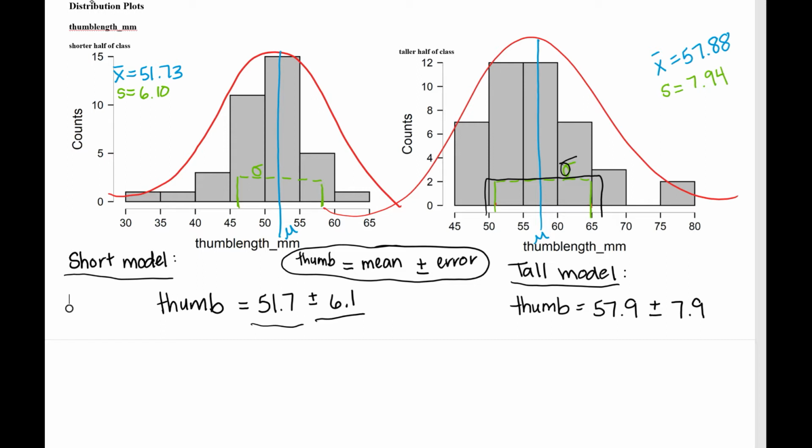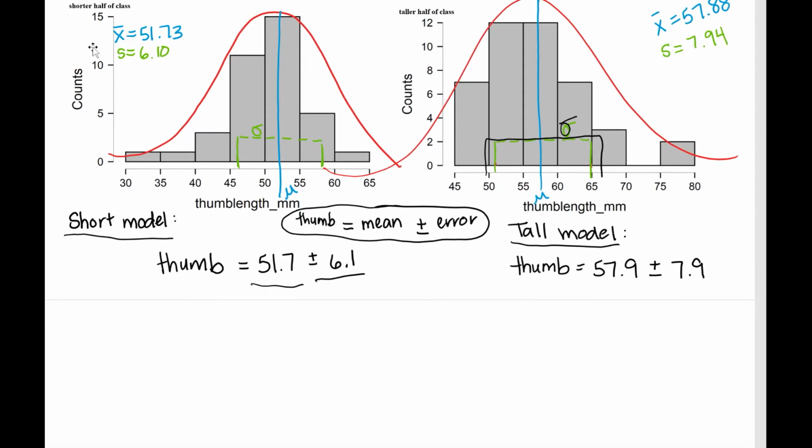We want to keep it together all in one model, if possible, to describe all of the people in this class using one model. So just go ahead and follow along with me here as I talk through this. To create this one model, if we look at the shapes and the spreads, they're not that different from each other.